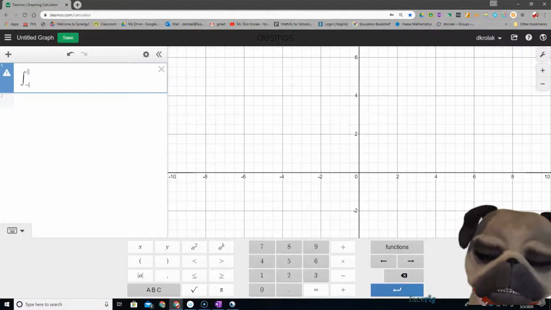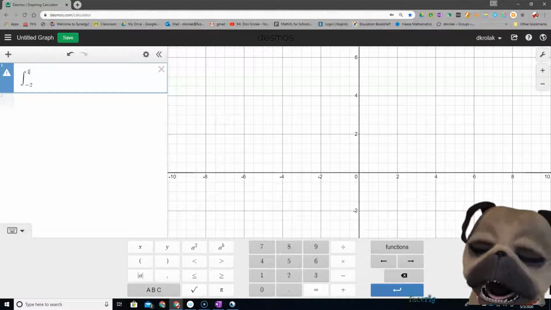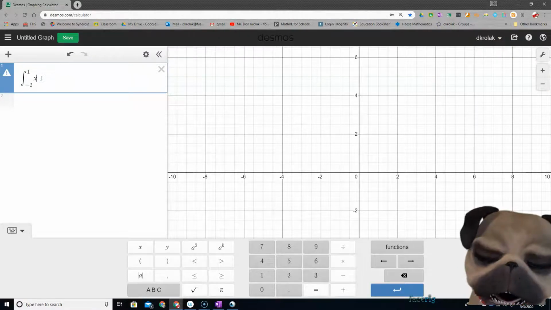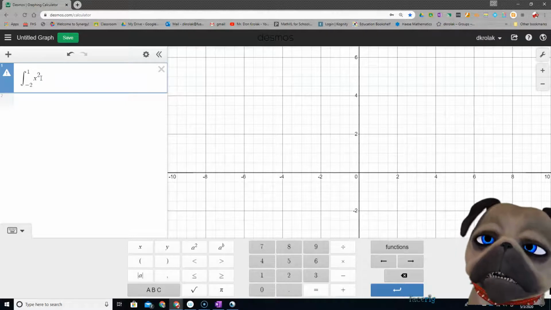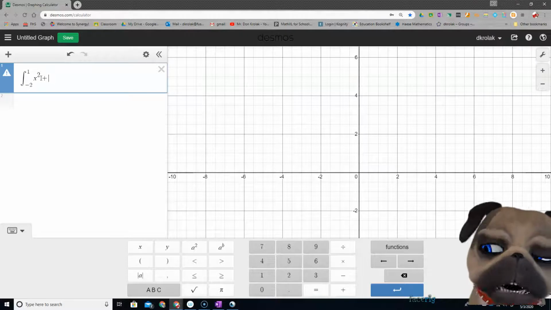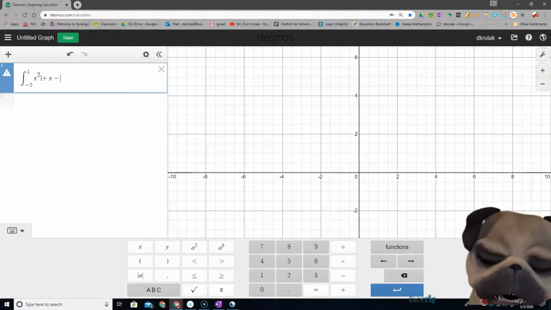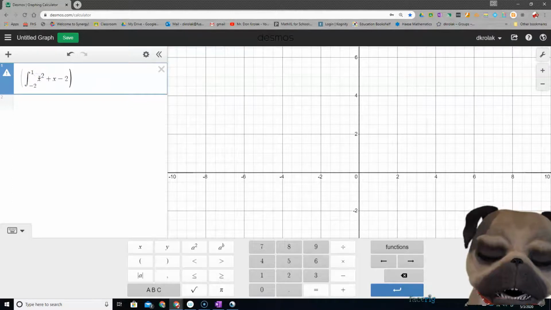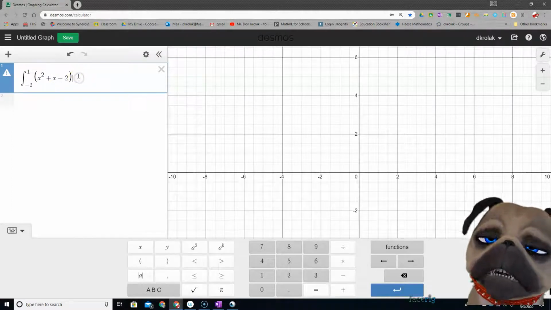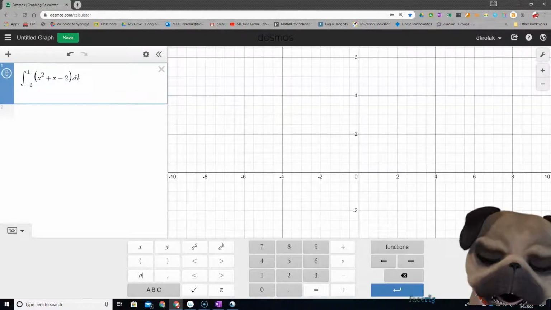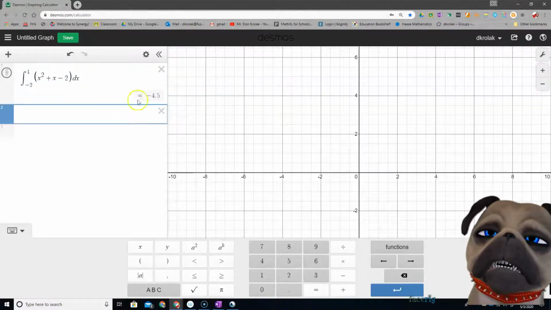All right, so we were going from -2 to 1, and then our equation x squared plus x minus 2. You got to put this in parentheses, and then don't forget the dx. And then enter, and there's your integral.